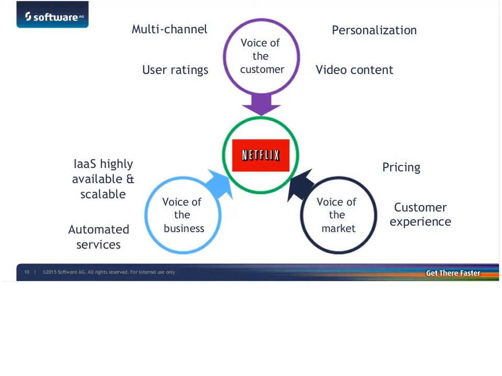Well, the voice of the business, obviously many services need to be automated just to provide faster services, because automated services are always faster than manual services, and an infrastructure which is available and scalable is also really key. That is why Netflix is using Amazon Web Services infrastructure, AWS, because it scales great.